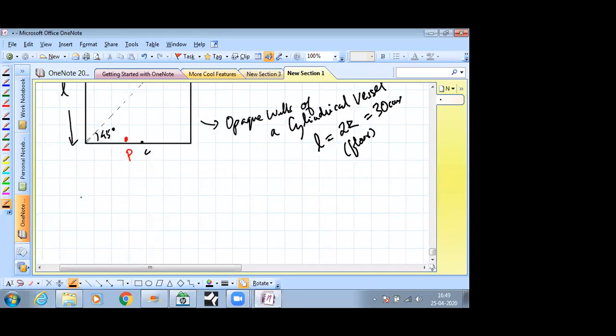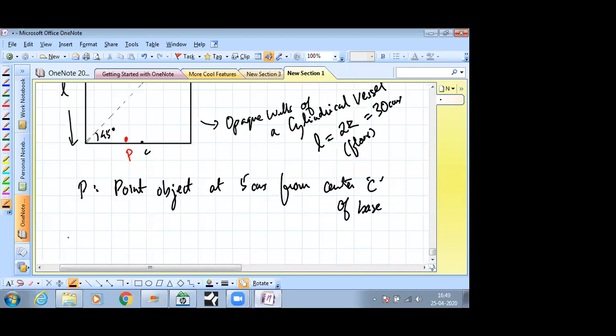So P is a point object at 5 centimeters from the center of the floor, okay, center of the base.